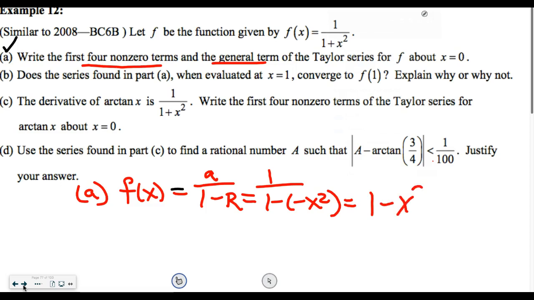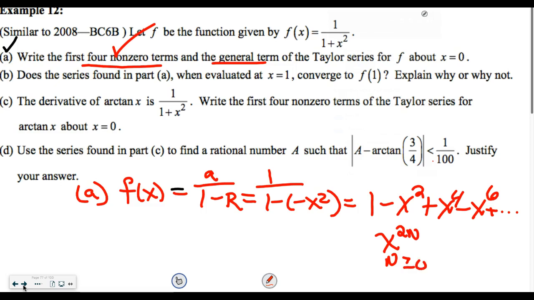Negative x squared plus x to the 4th minus x to the 6th. There's my first 4 non-zero terms. My general term you can either do separately or you can just stick it in here with some ellipses or whatever. So I would have x to the 2n, n greater than or equal to 0.